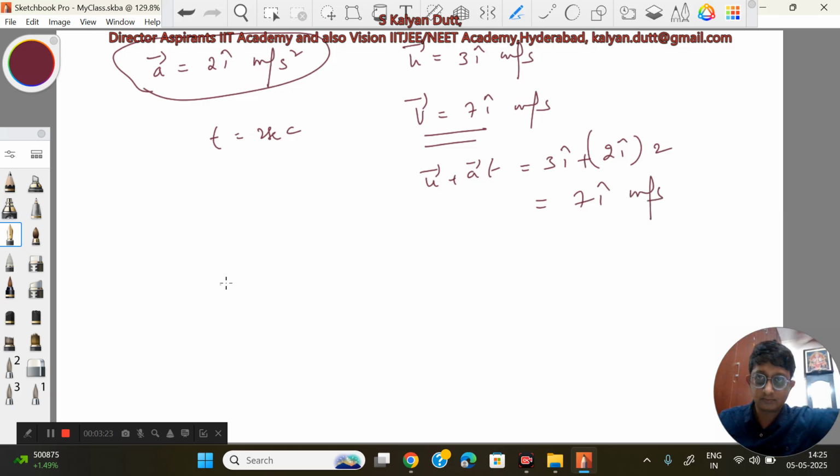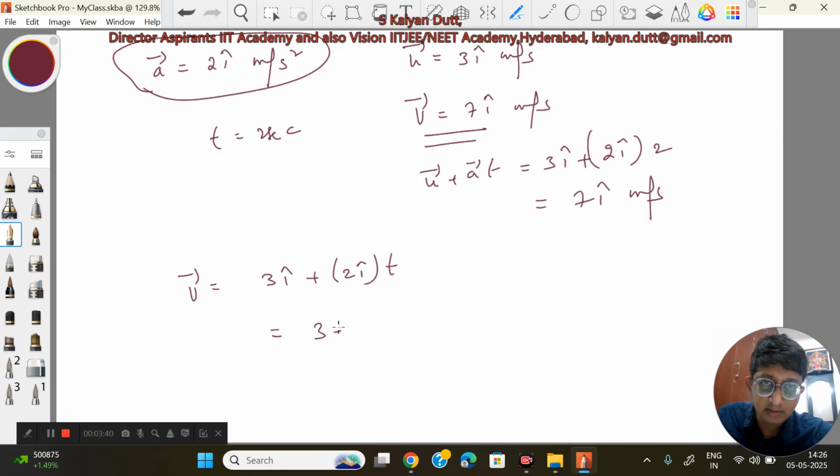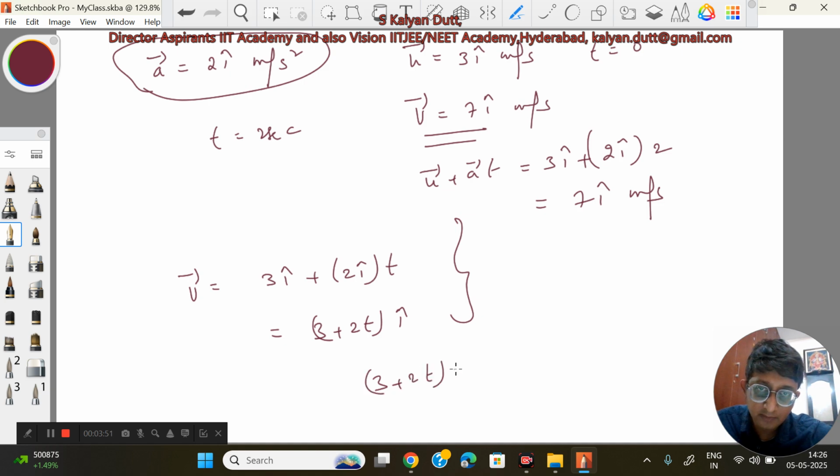Now, in this case, if I calculate the average velocity, I can calculate it like this. At any moment, the velocity is given by u plus at, which is 3 plus 2t into i. This is velocity at time t. So average velocity is 3 plus 2t i, velocity integrated over time.